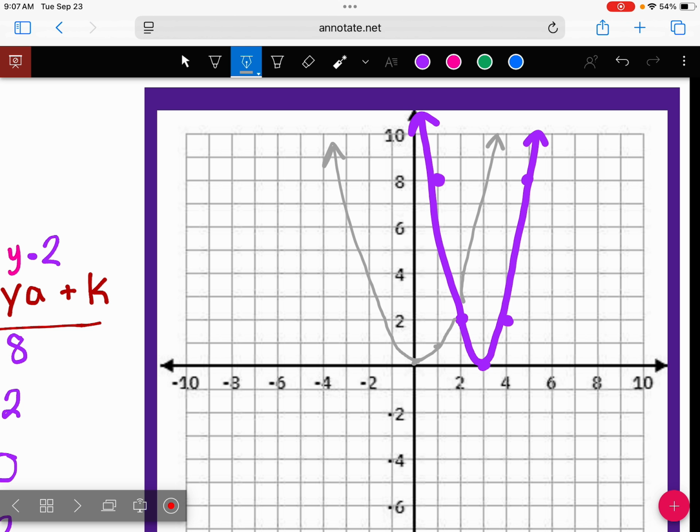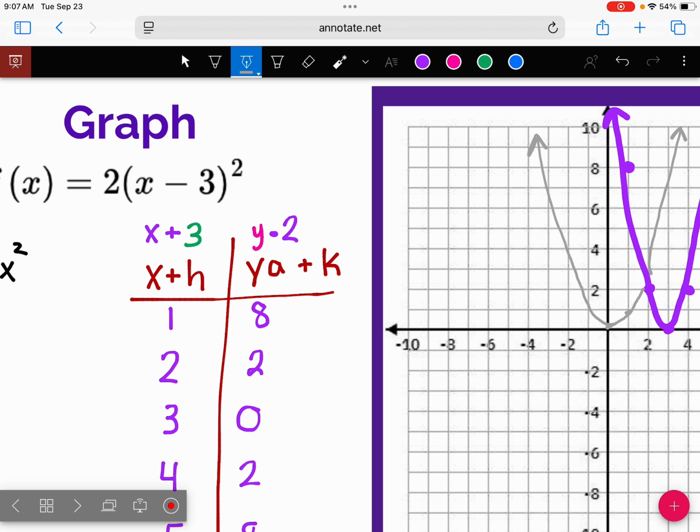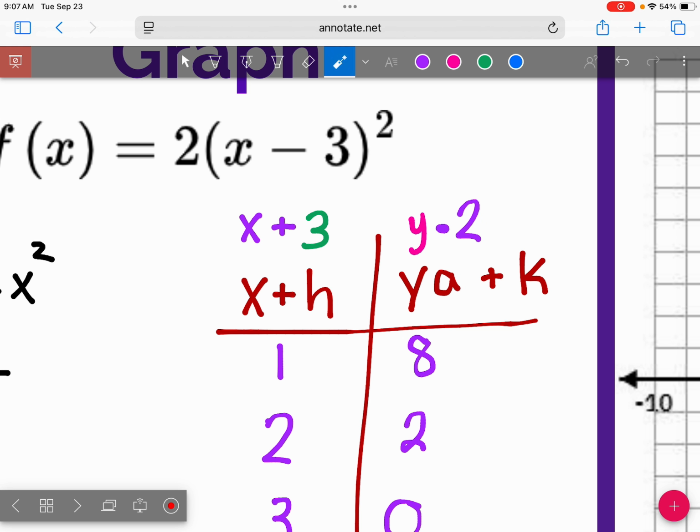The piece that's different for us, that new piece that we had in our equations, is that b, which works very, very similarly to a, but everything was flipped and backwards, right? So when we're looking at our transformations here, these stay exactly the same. We're still going to have our y plus k, our x plus h.